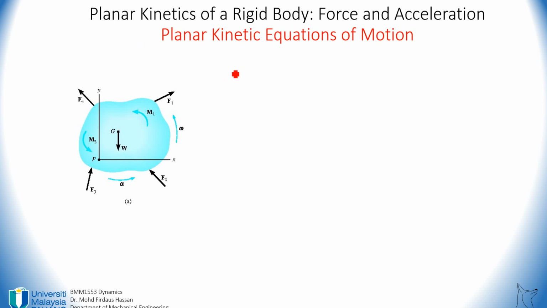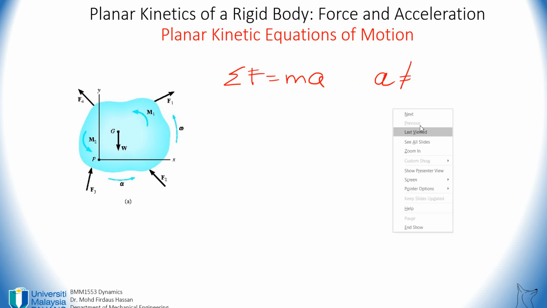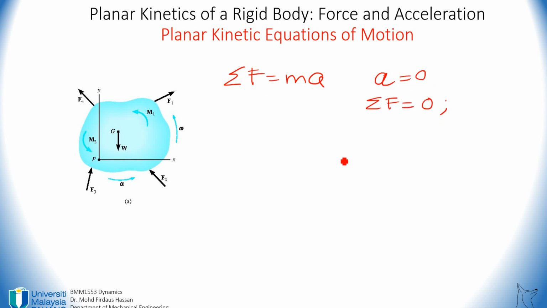I believe that in statics you are familiar with this equation: summation of force is equal to ma. This is Newton's second law. In statics, when a is zero, the summation of force is equal to zero. The same equation is used in this topic.